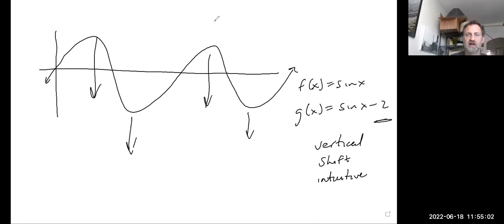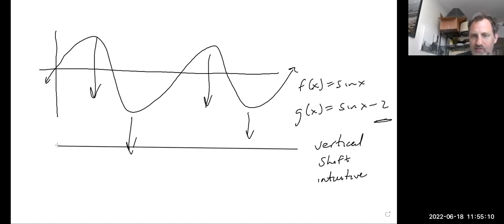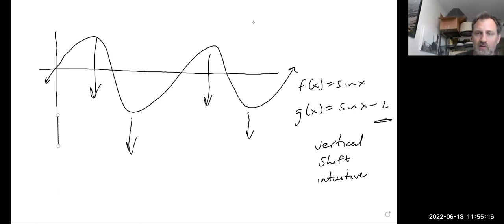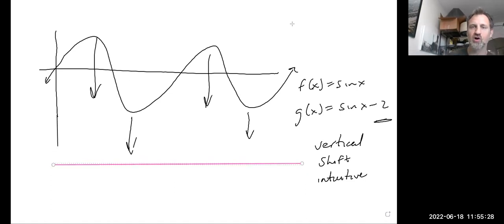So one of the ways that I would think about redrawing this is thinking mentally of a new midline, which is down here. So mentally, I got a new midline. And I'm going to draw my shifted function, g of x.